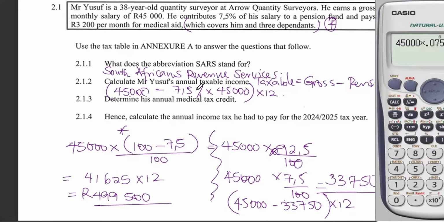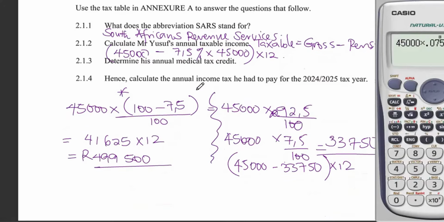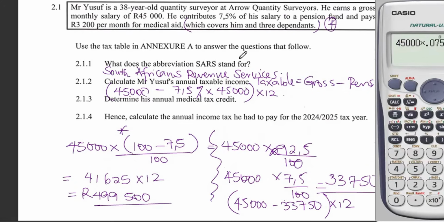All right, 2.1.4. 2.1.3, that's what you're looking at. Let me see. 45,000 times 0.7 times 12.